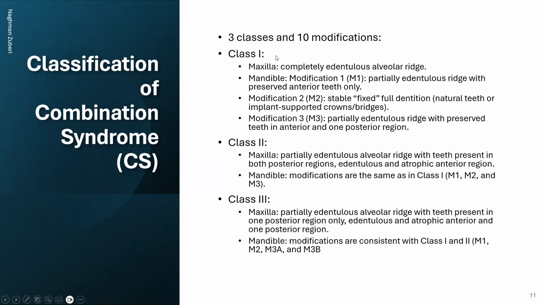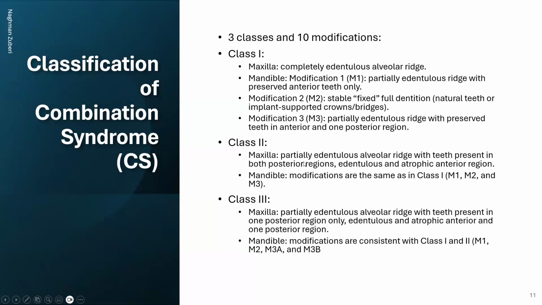So, class 1: maxilla is a completely edentulous alveolar ridge. Mandible modification 1: partially edentulous ridge with preserved anterior teeth only. Modification 2: stable fixed full dentition, natural teeth or implant supported crowns or bridges. Modification 3: partially edentulous ridge with preserved teeth in the anterior and one posterior region.